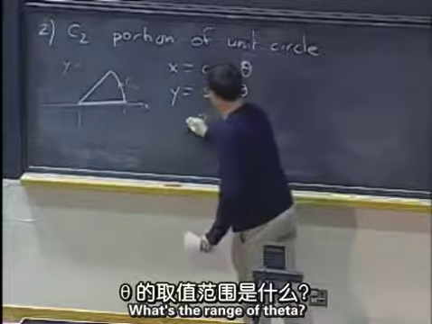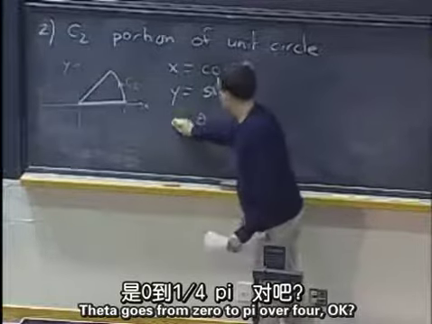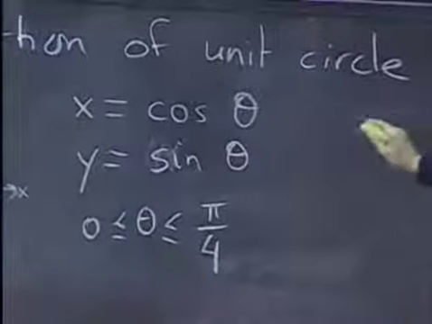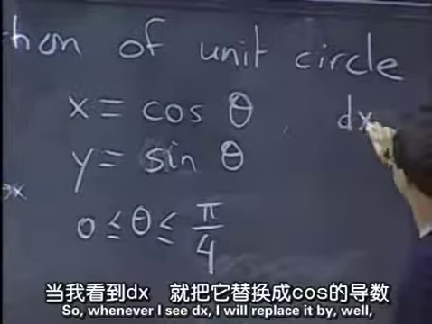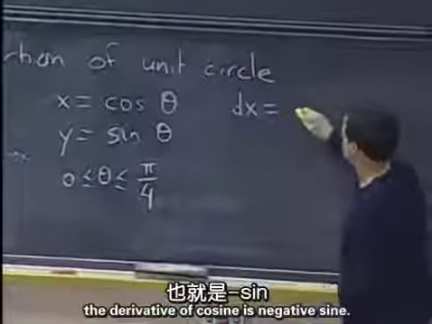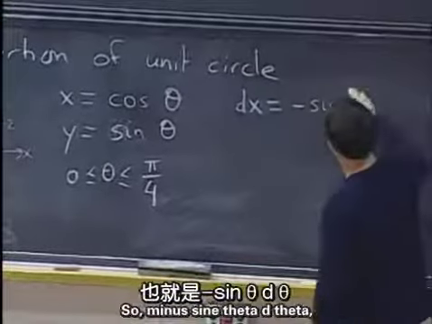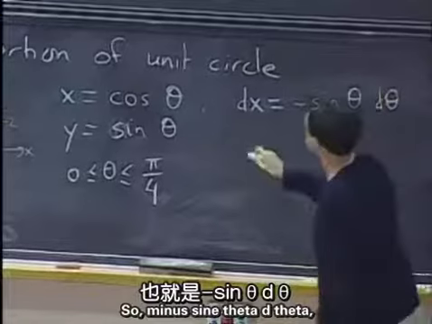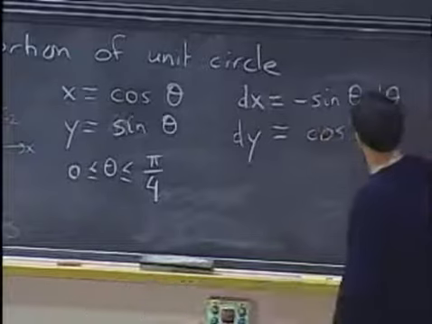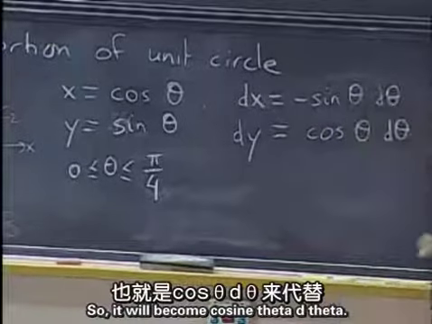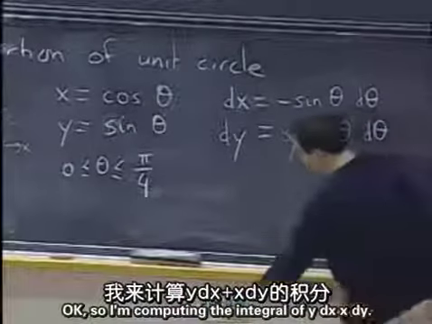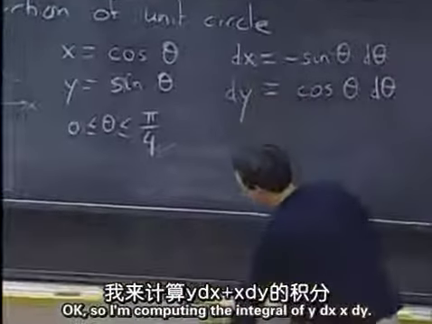What's the range of theta? Theta goes from 0 to pi over 4. Okay? So whenever I see dx, I will replace it by, well, the derivative of cosine is negative sine, so minus sine theta d theta, and dy, the derivative of sine is cosine, so it will become cosine theta d theta. Okay, so I'm computing the integral of y dx plus x dy.